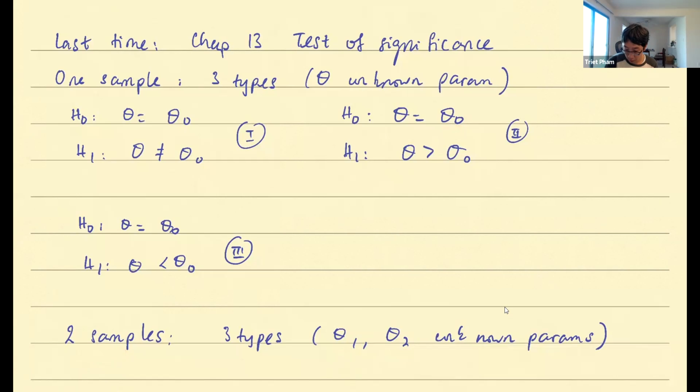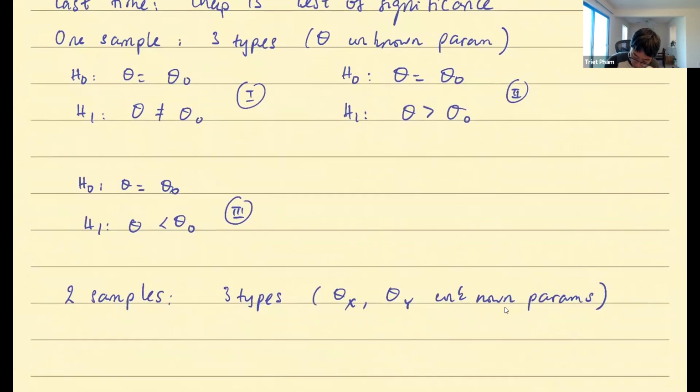Maybe I can use theta x, theta y for two different populations. So the null is these are equal, and the alternative is they're not equal.